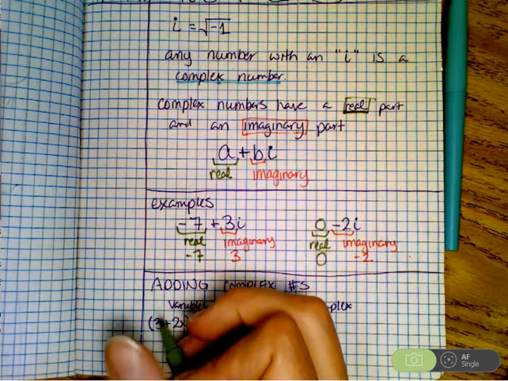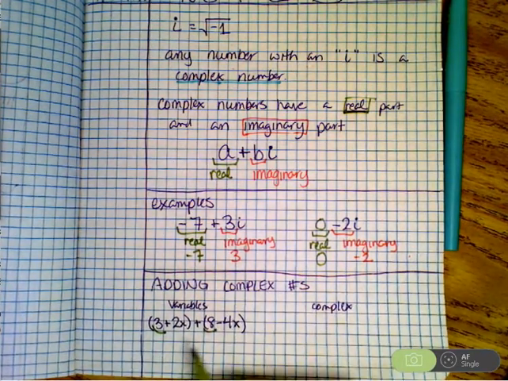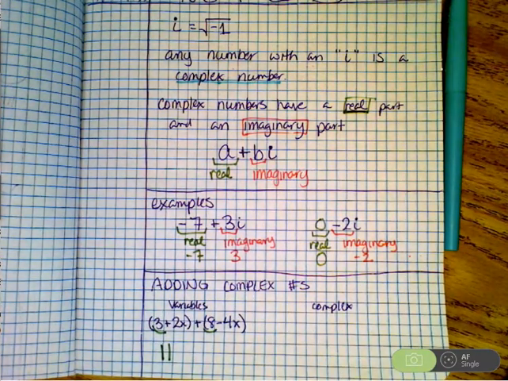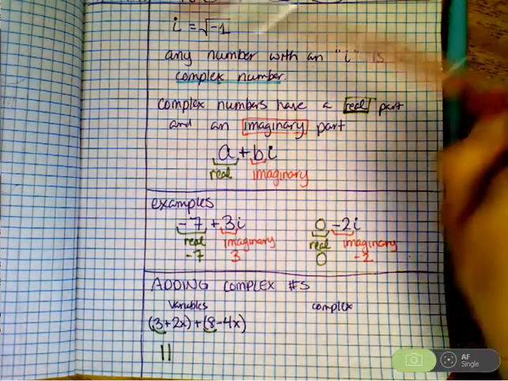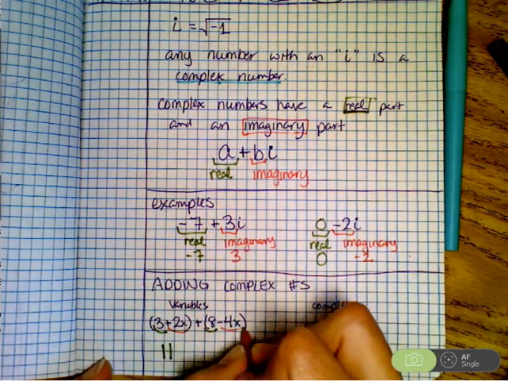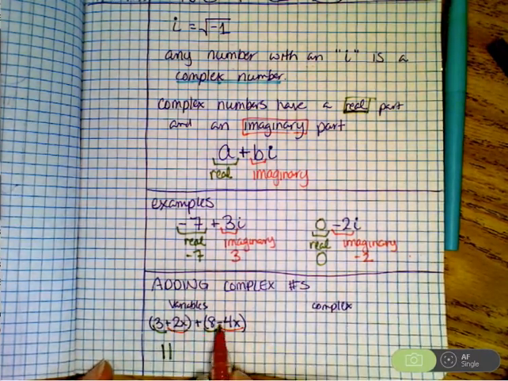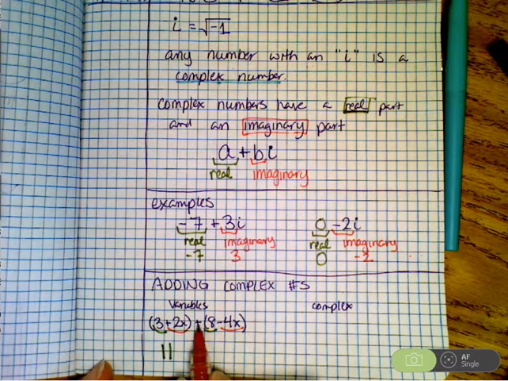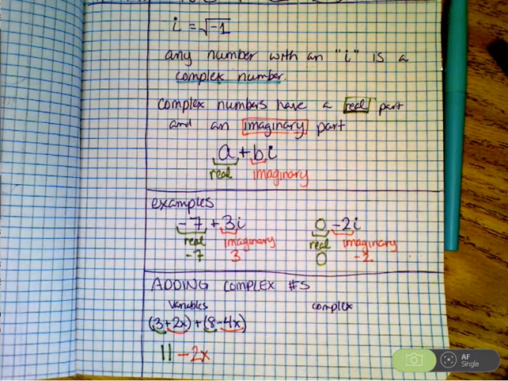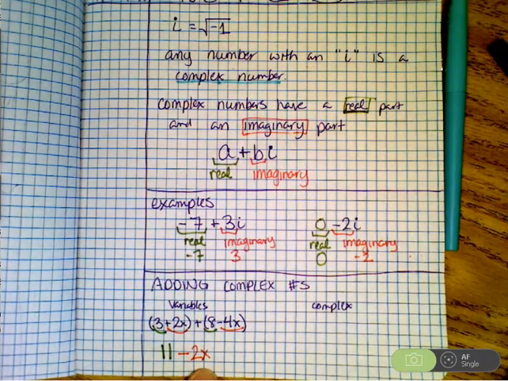Like terms in this would be the 3 and the 8. We add them, so 3 plus 8 is 11. And then the 2x and the 4x are like terms, so we do 2x plus negative 4x. 2 plus negative 4 is negative 2x. So our answer in this is 11 minus 2x.